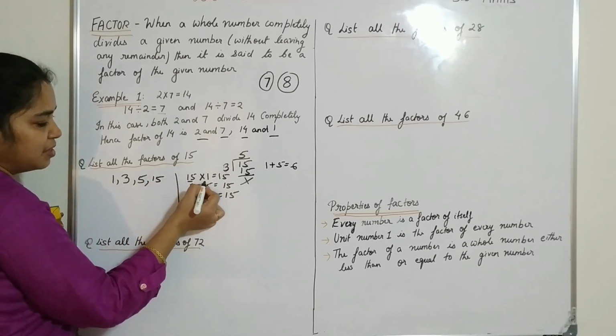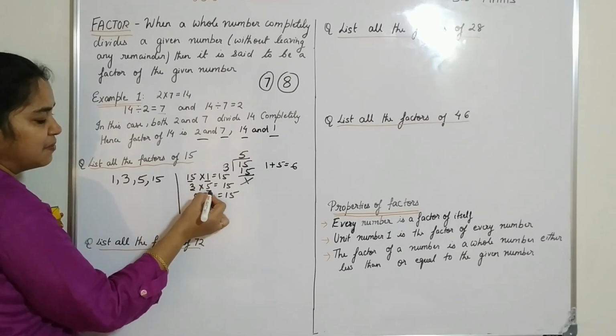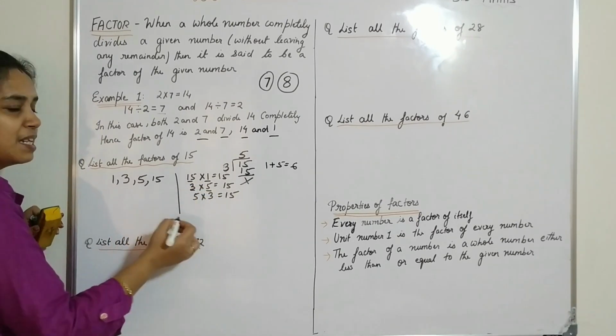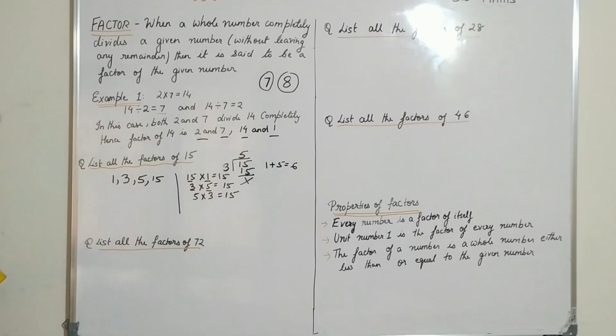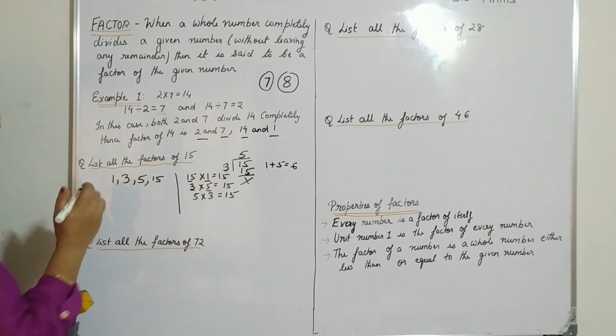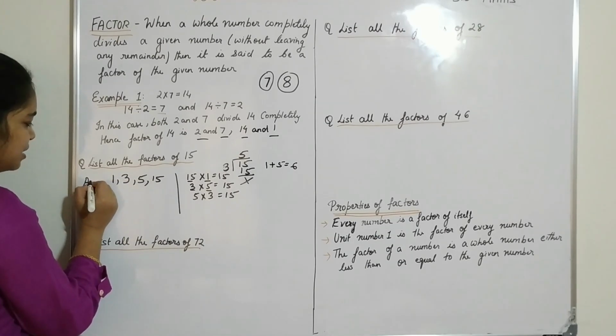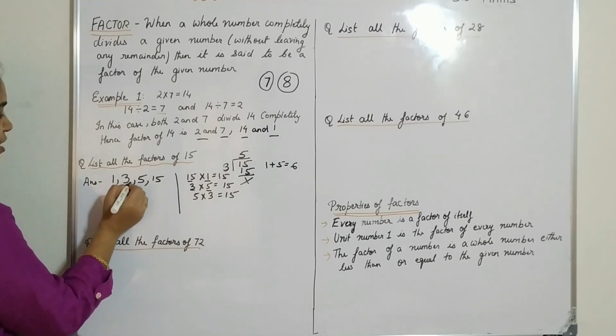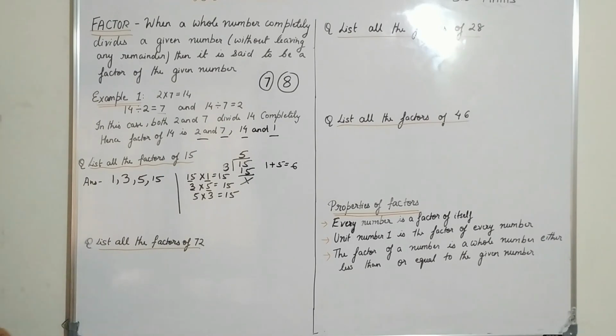If 3 5s are 15 or 5 3s are 15, we will take only one. So the factors of 15 are 1, 3, 5 and 15. So we found the factors of 15.